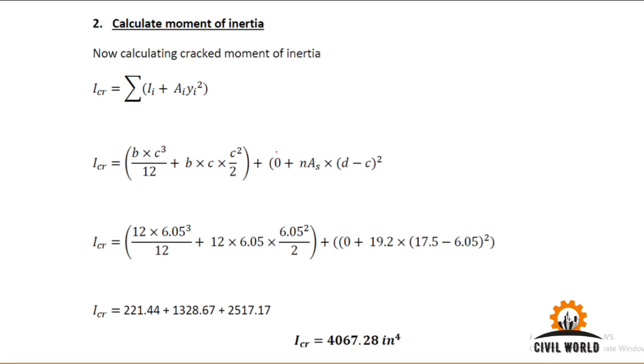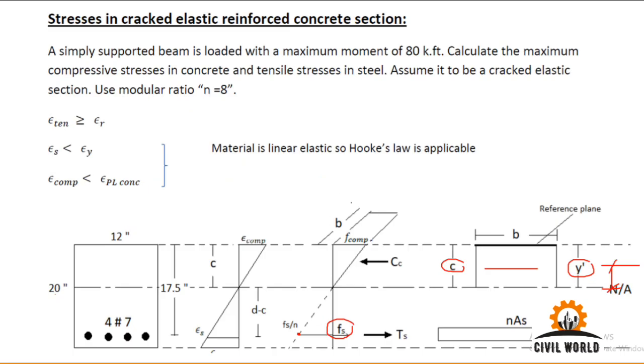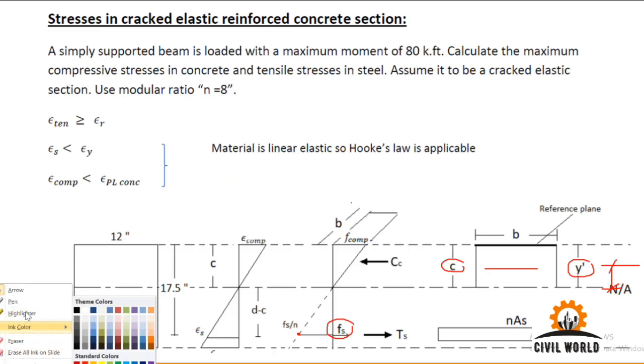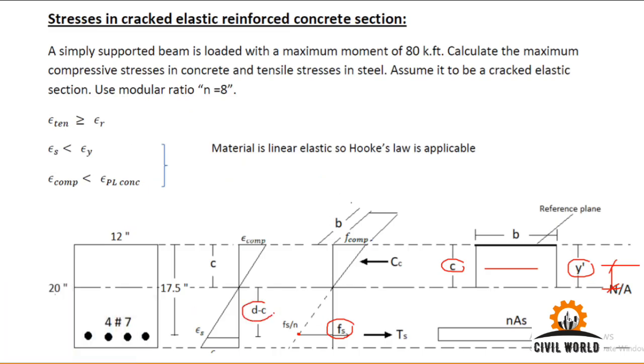Then plus, we can ignore the moment of inertia of steel about its own axis, which is very small, plus the area of steel, which is A s, multiplied by the distance of its centroid from the neutral axis squared, which is given by d minus c.